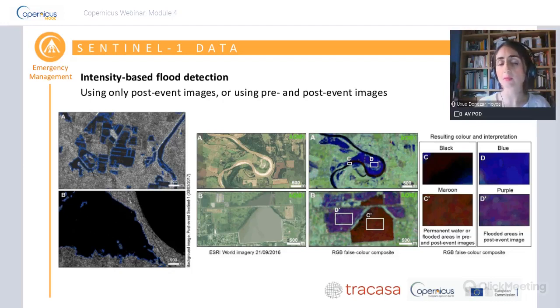This allowed us to automatically discard permanent water, or the water that was there before the event, because sometimes we face this problem: we are required to create flood delineation, but if you want to create flood delineation, you have to skip the permanent water. And sometimes in some areas of the world, it's not that easy to have permanent water information of good quality.